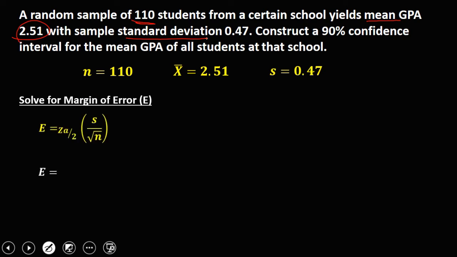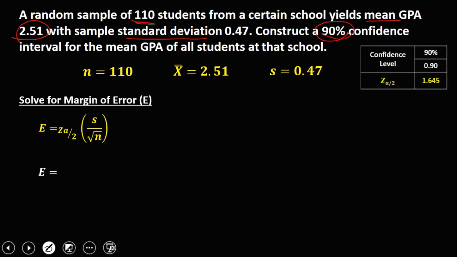Since the confidence level is 90%, the confidence coefficient is 1.645. Then times the standard deviation, that's 0.47 over the square root of 110.